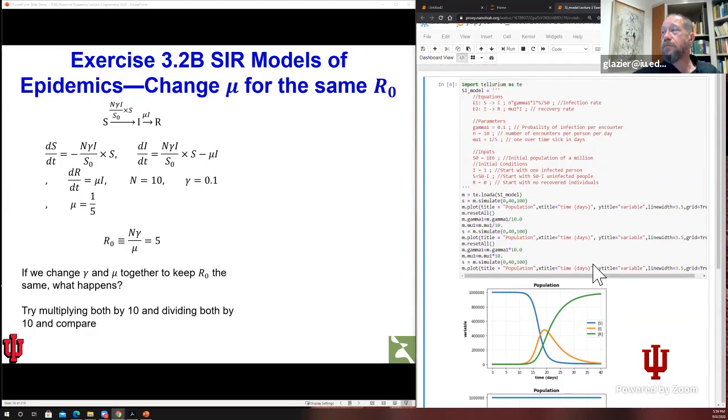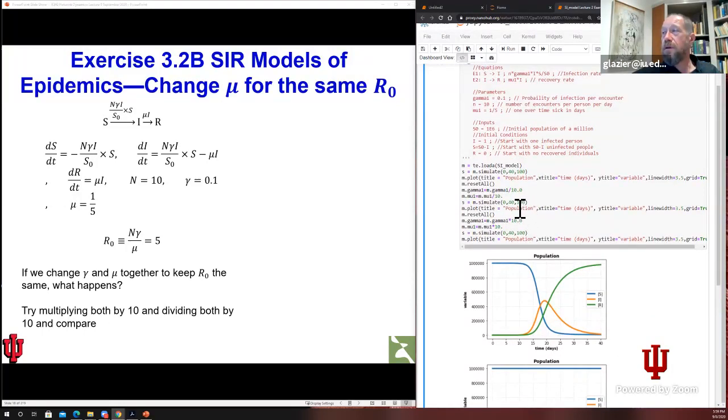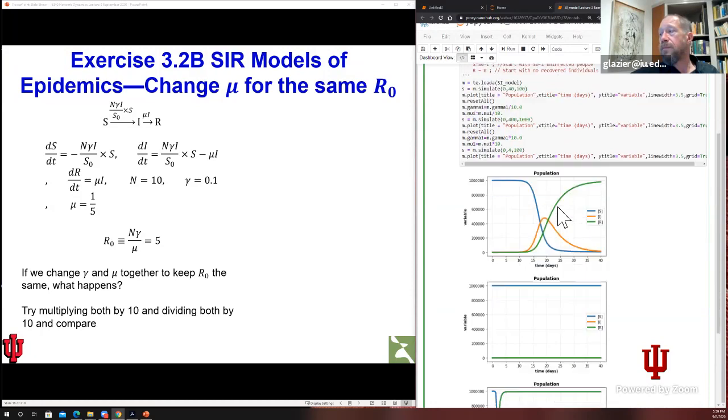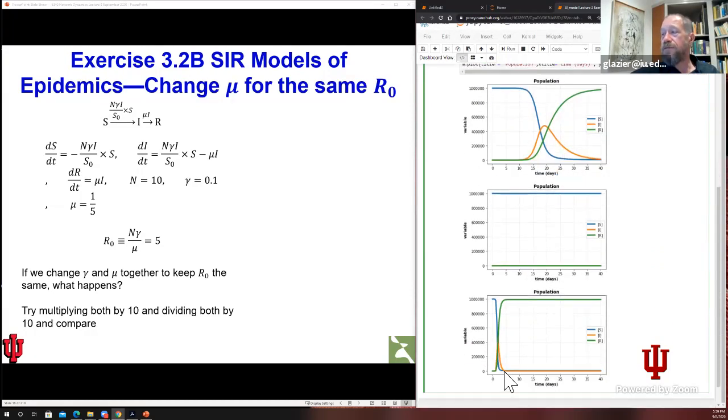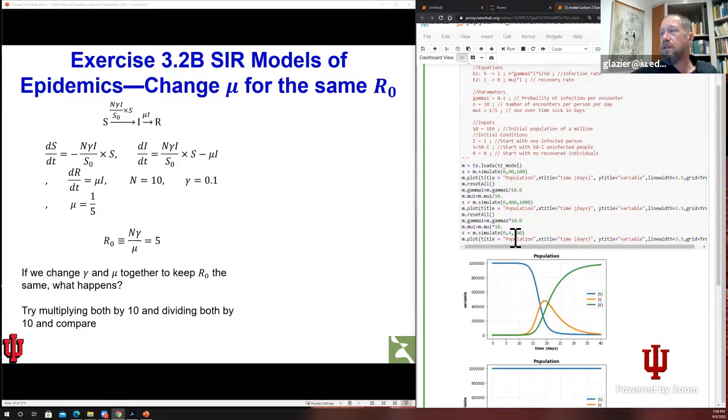Well, suppose that in the case where I divided by 10, I actually run my simulation for longer. Let's run it for 10 times longer. I'll have to add some data points to it. And let's do a simulation where I multiplied my rate by 10. Let's run it a little shorter. Let's see when it's done. 4 is probably a little too short, so let's run it till 6.